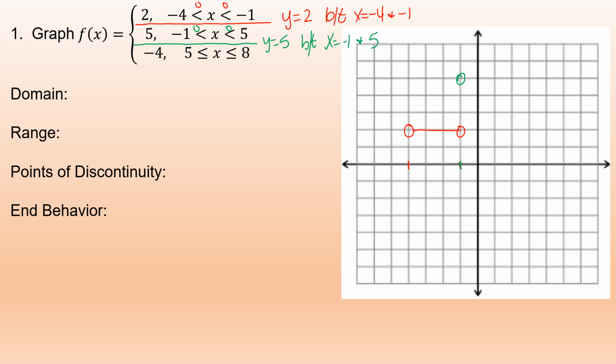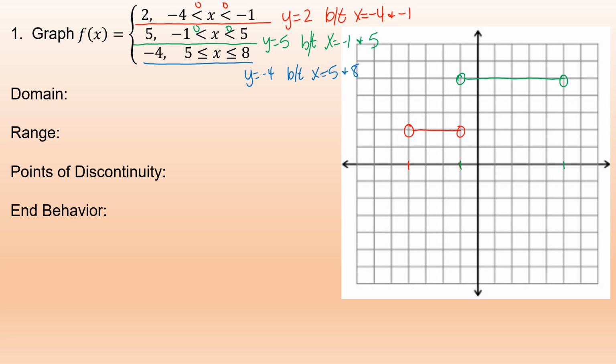I'm going to travel across until I get to 5 for the x value, put another open circle. You're done.